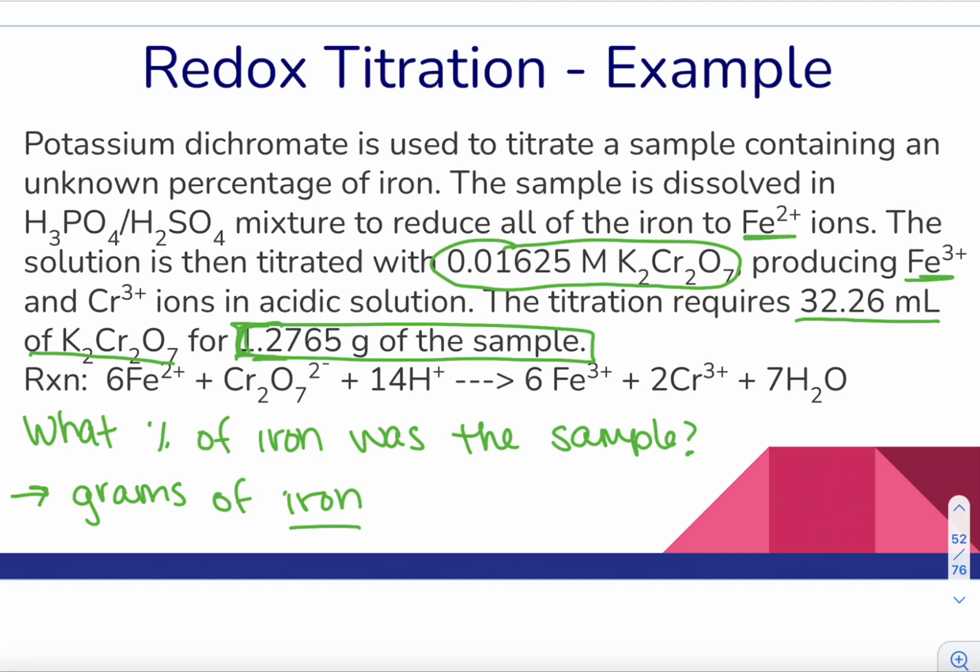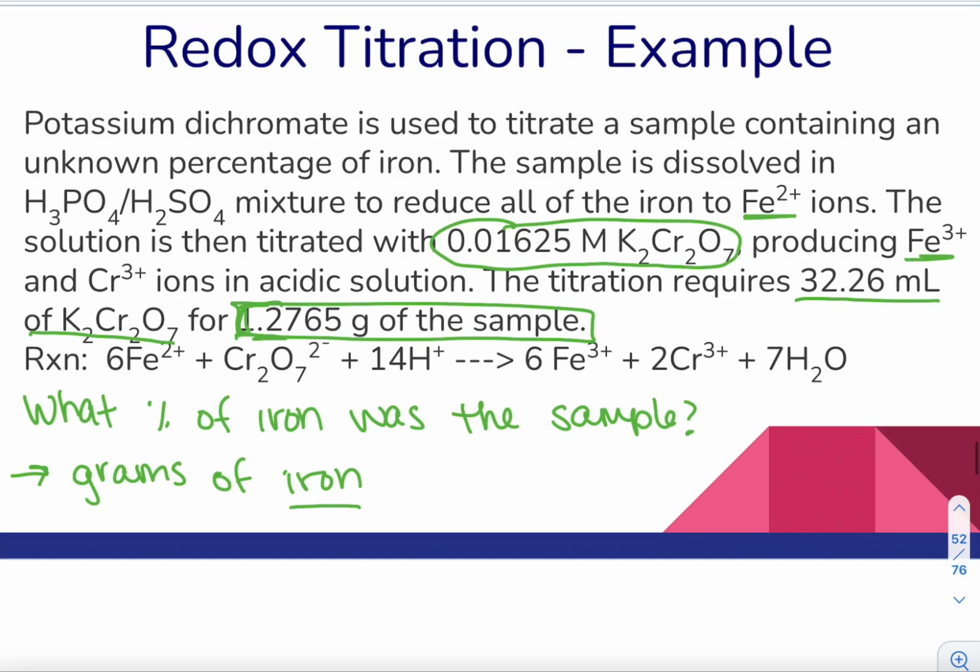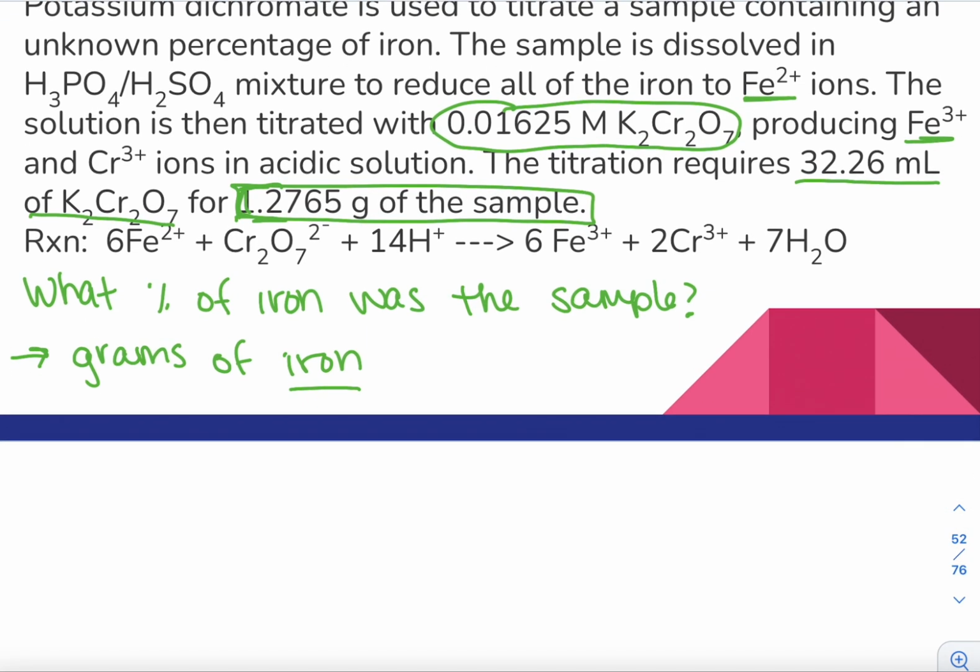All right, so what I would need is the moles of potassium dichromate, because I can then use that moles to get to the moles and grams of iron. So first I'm going to figure out the moles of potassium dichromate.